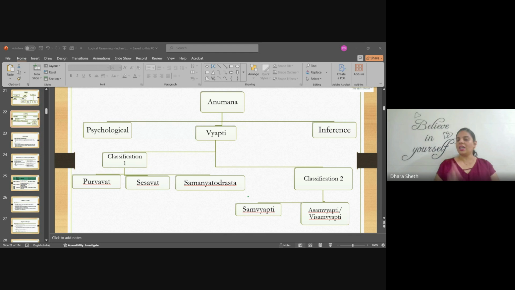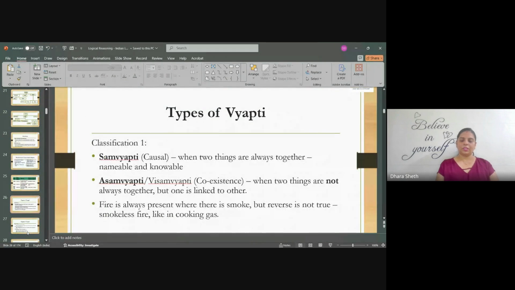Samavyapti and Asam or Visham Vyapti. Usually it is called Asam Vyapti. Sometimes it can also be given in a question as Visam Vyapti. What is Samavyapti? Samavyapti is about cause and effect. Okay?